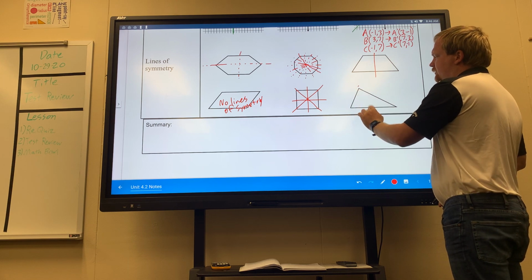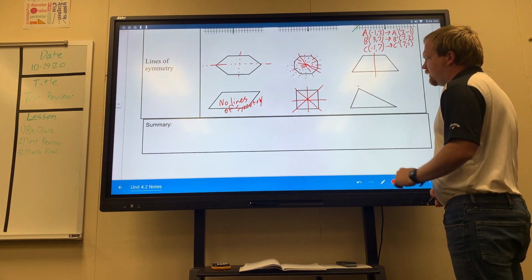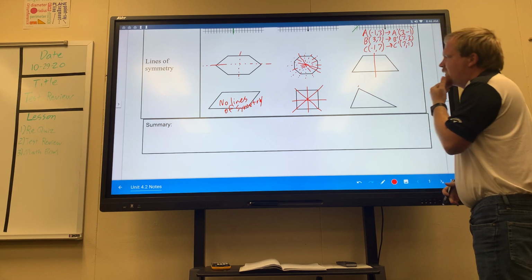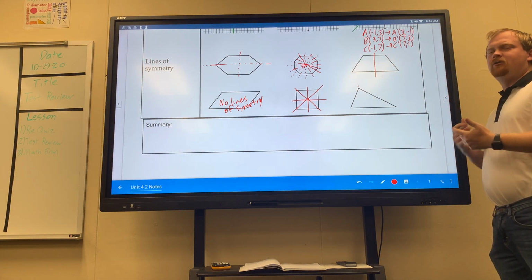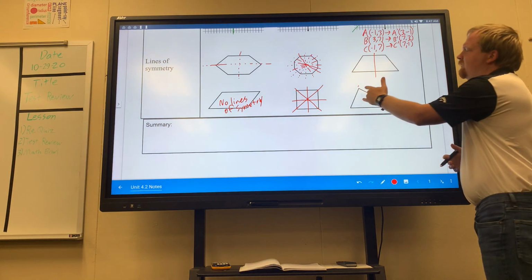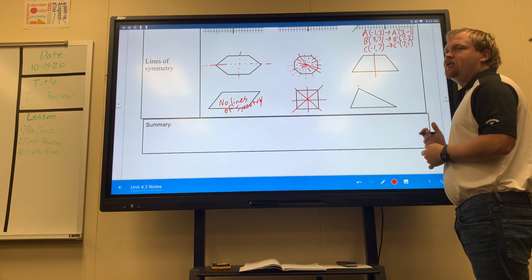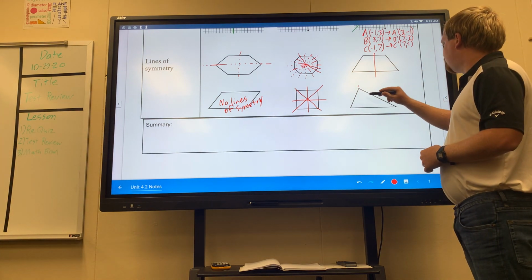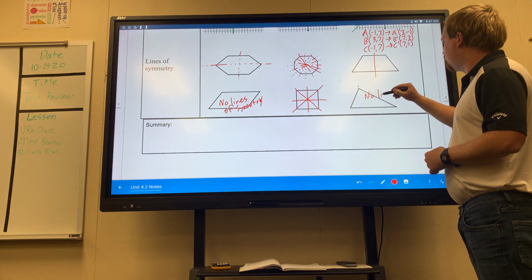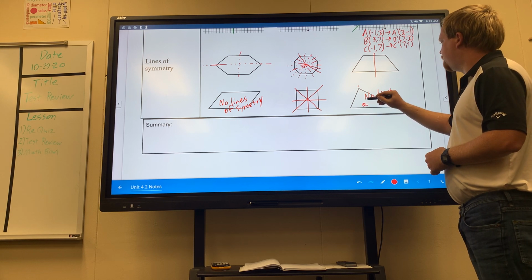I can't go down like this. I can't do it from the angle, or at least possibly could, but it's kind of hard unless we actually try it ourselves. If these two angles were even, then yes, you definitely could. But assuming that they're not, this one has no lines of symmetry as well.